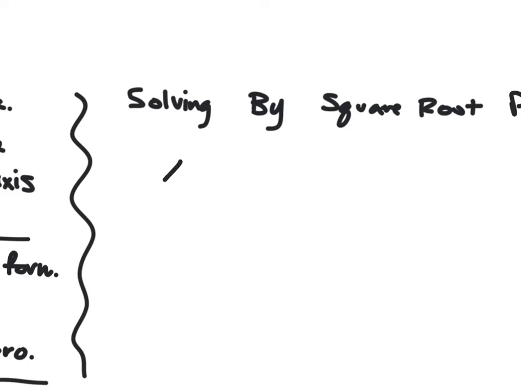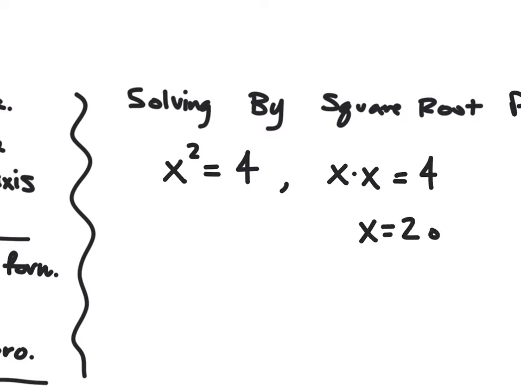Let's say I have x squared is equal to the number 4, okay? When I have this equation, I'm solving this for x, and another way to think about this is x times itself gives me 4. So what numbers could I multiply by themselves to give me 4? And the answer to that question is that x could equal 2, or x could equal negative 2, okay?